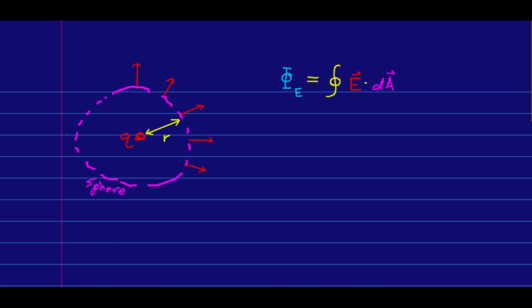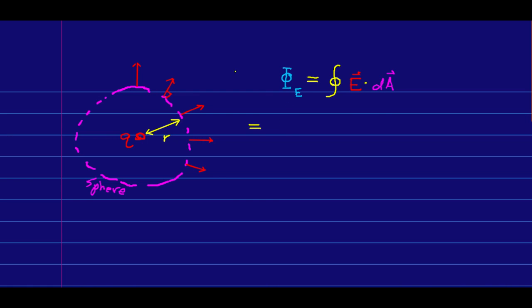And importantly, the E field is perpendicular to a spherical surface that I draw around the charge. So we match the shape of our surface that we're working with for the flux to the symmetry of the object. The object and the field have spherical symmetry, so we define a sphere of some radius r, and we're going to find the flux through that sphere.